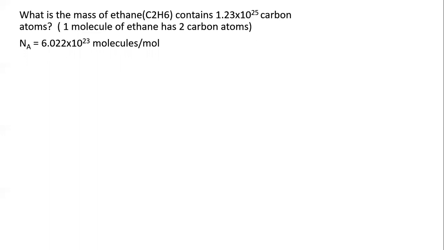And here, remember, we're dealing with ethane. Ethane is a molecule, so we have molecules per mole. And so the way we're going to approach this problem is we're starting with the number of carbon atoms. From the problem, we know that we can go from carbon atoms to molecules of ethane.